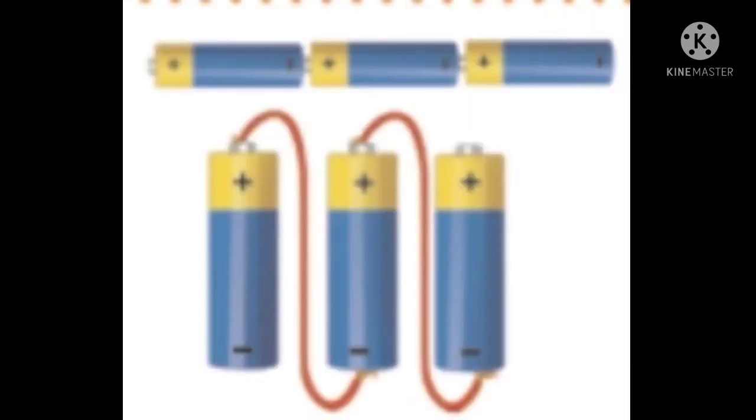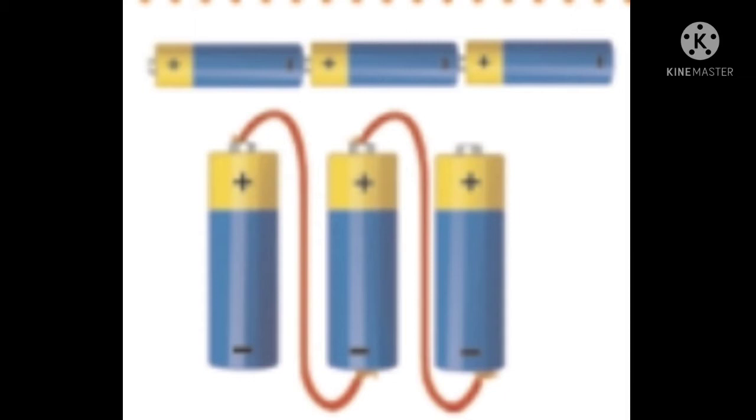Next, today we are going to learn about how to connect cells to make a battery. By connecting cells together, we can increase the voltage output. For example, if we have 3 cells of 1.5 volt each, we can connect them together and form a battery which gives 4.5 volt.